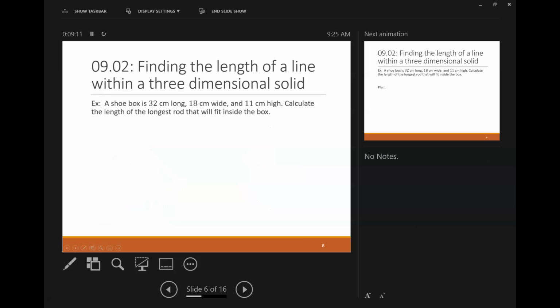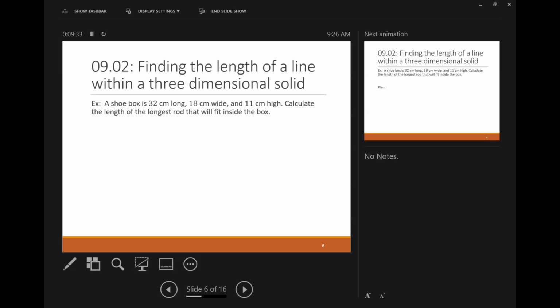Okay, you ready to try some examples here? Okay. So we have a shoebox that's 32 centimeters long, 18 centimeters wide, and 11 centimeters high. We want to calculate the length of the longest rod that'll fit inside the box. So we have some box, right?